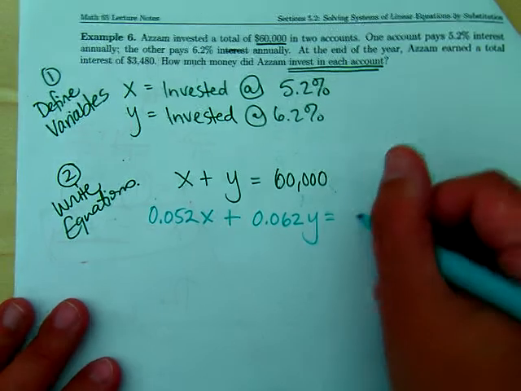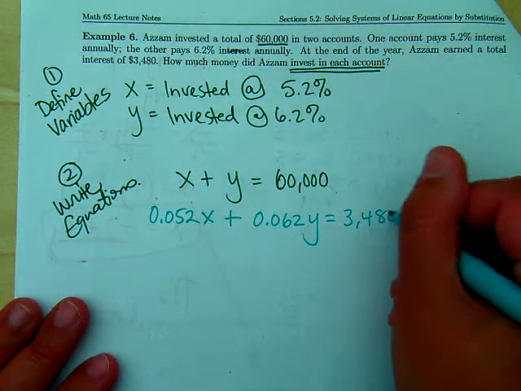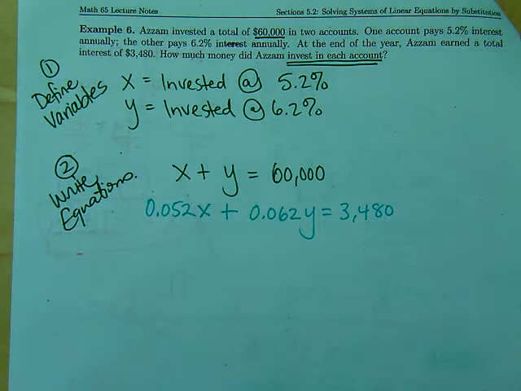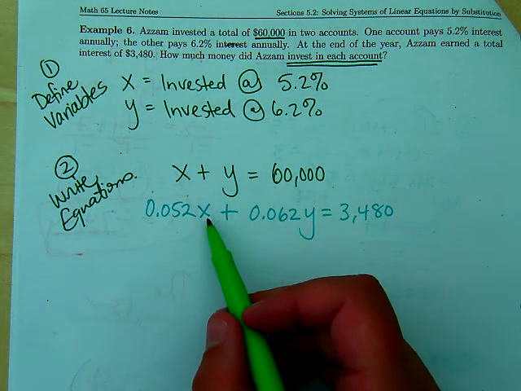Yeah, 3,480. Does that second equation make sense? Why did I have to make those numbers into decimals? It's a percentage, not a whole number. Yeah, the percent is the percent of how much money he invested.